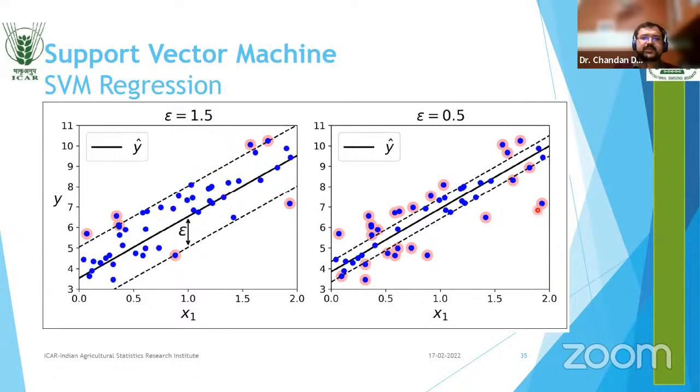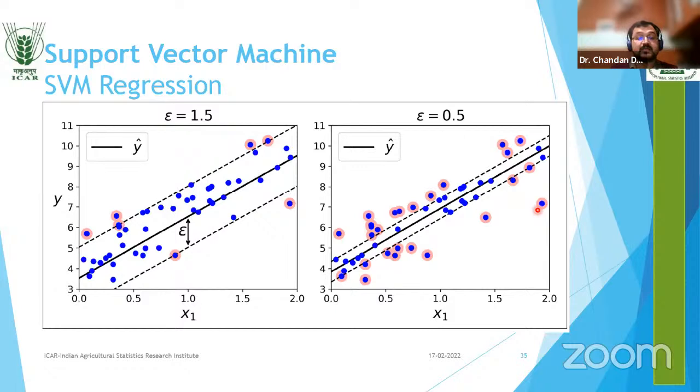For SVM classification, the hyperparameter was C. Whenever C is smaller, we get a wider road. But in regression, the hyperparameter is epsilon, and if epsilon is increased, then we get a wider road.